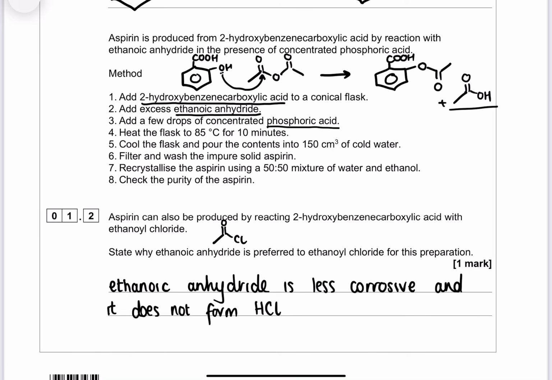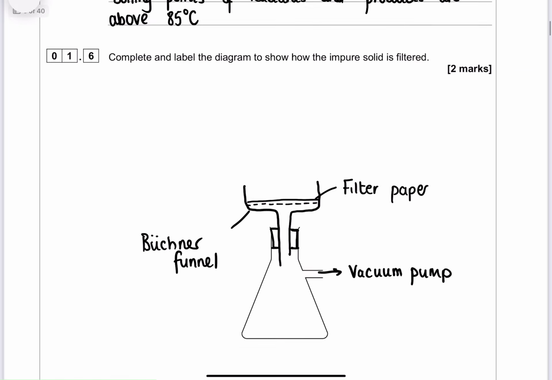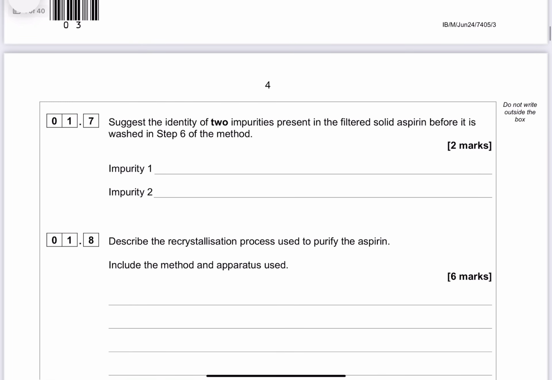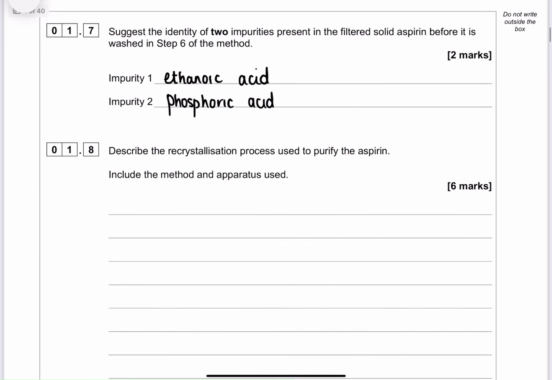All of these could be impurities in our sample. So any 2 impurities that we might have in there. So the other product, ethanoic acid, and then we used a phosphoric acid catalyst, but you could put in there ethanoic anhydride, 2-hydroxybenzene carboxylic acid, any of the things that were used.